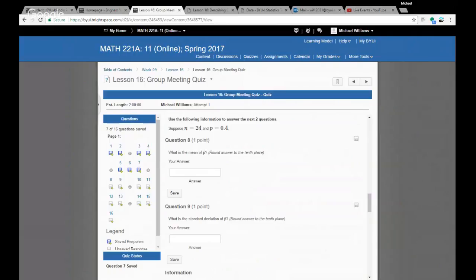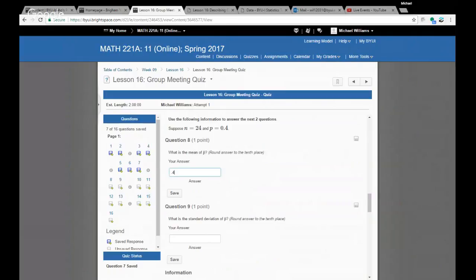Let's go back. Oh, okay. The question is: what is the mean of p hat? It equals 0.4. It's the same question that was on the assignment. There's no formula; it's given in the problem.